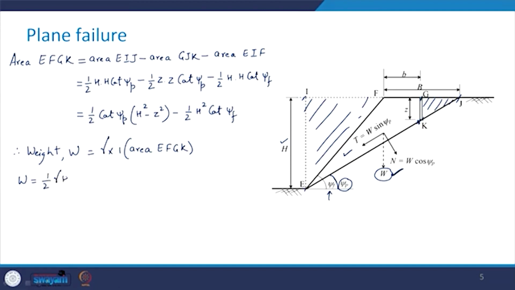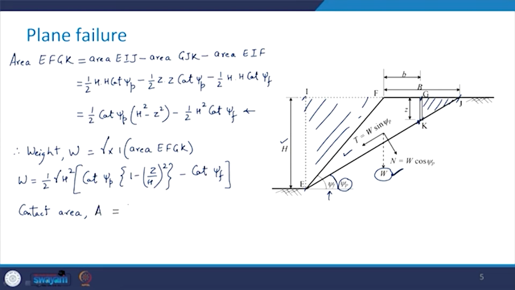half gamma h square. So, I will take h square common from this expression, and what we are going to get is cot of psi p, and I will have here (1 minus z upon h) whole square minus cot of psi f, and the contact area will be what, which is represented as A. This is going to be the length EK into 1, because it is again the unit in the direction perpendicular to the plane of the screen.